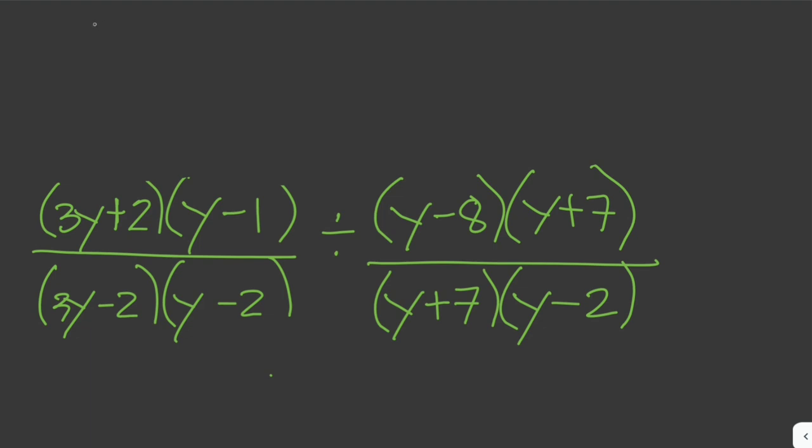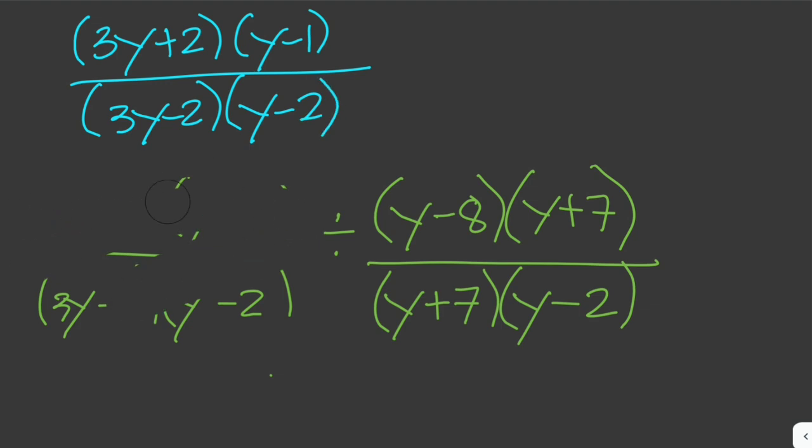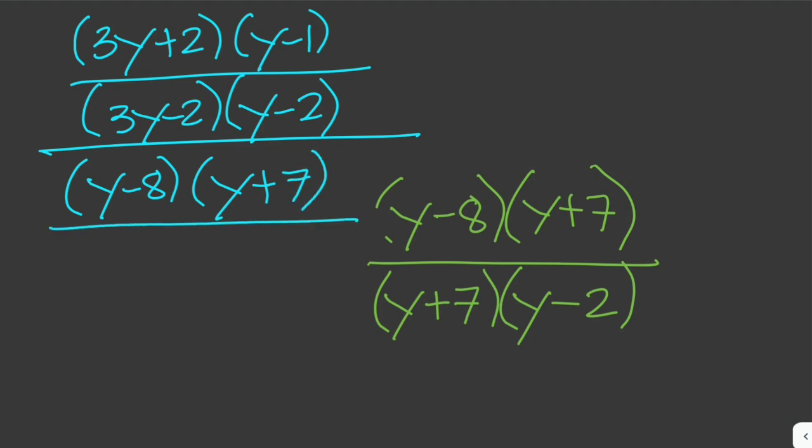So we can write this as 3y plus 2 times y minus 1 over 3y minus 2 times y minus 2, over y minus 8 times y plus 7, divided over y plus 7 times y minus 2.